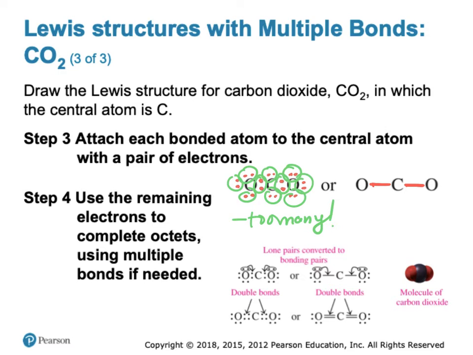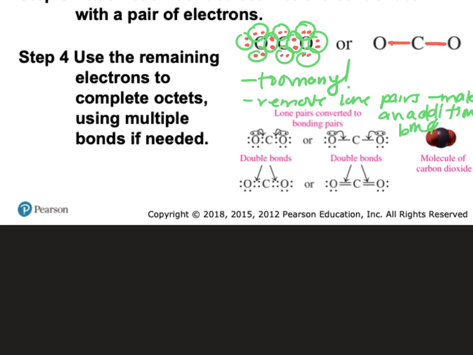So what we're going to do is remove lone pairs and make an additional bond. All right, so let me do that down here for you. So let's draw our carbon in the center with our 2 oxygens and our bonds. Now, I'm going to just draw the lone pairs in, and then I will erase them.